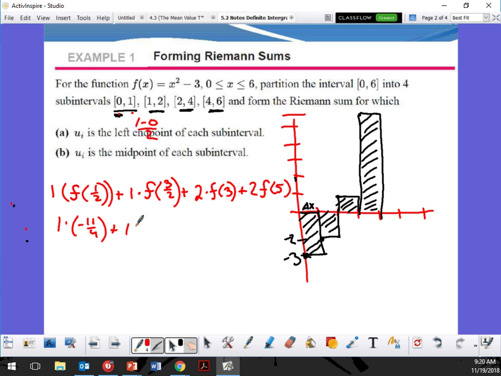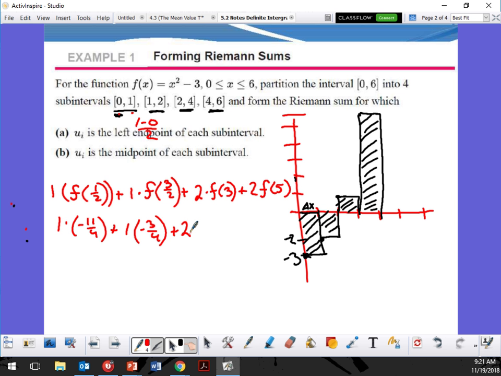Plus 1 times 27 minus 12 is 15 fourths. No, 9. Oh, crap. No, I'm sorry, I cubed it. Minus, that's negative 3 fourths. Yeah, negative 3/4.